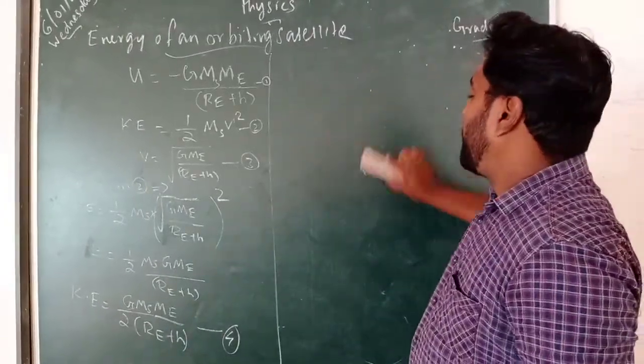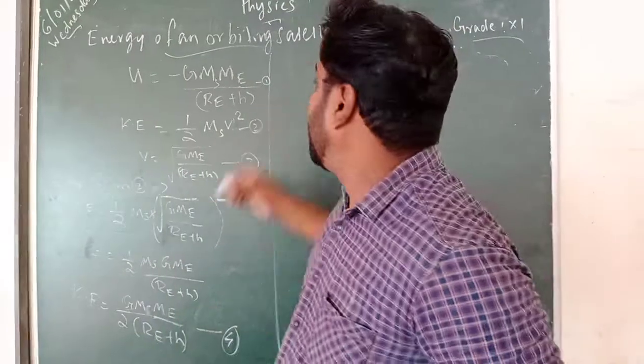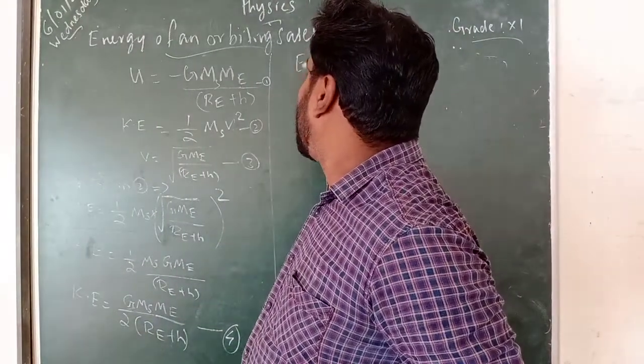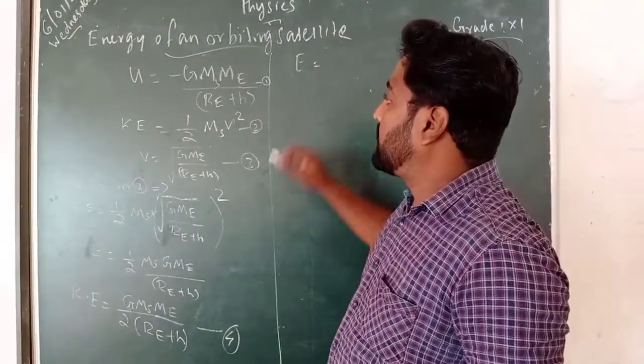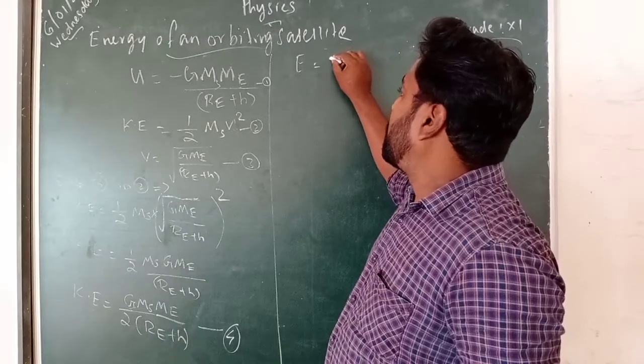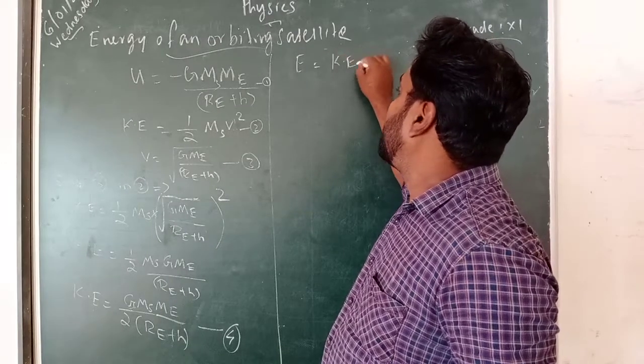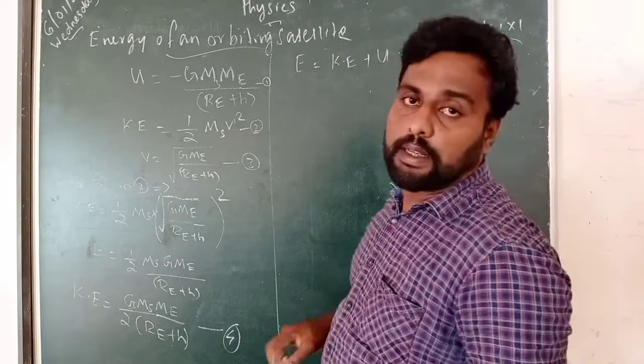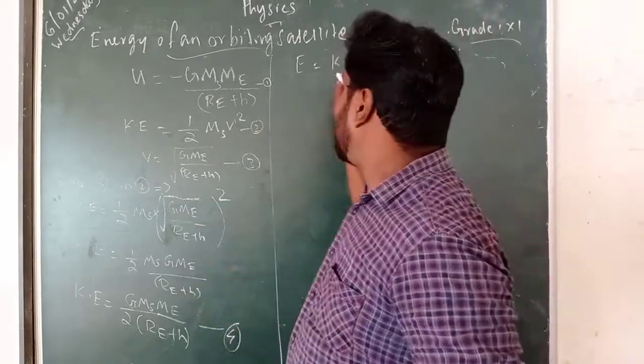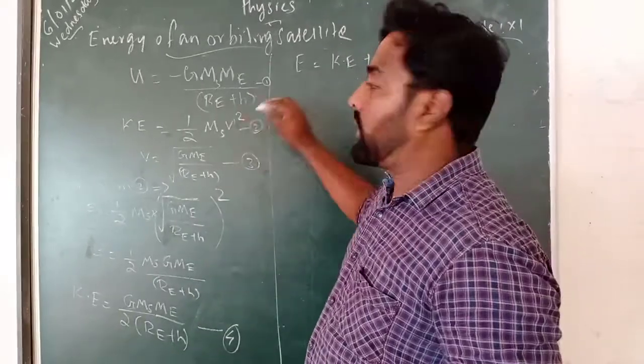Now we have to find the total energy E of a satellite. E is equal to kinetic energy plus potential energy, just adding the kinetic energy and the potential energy.